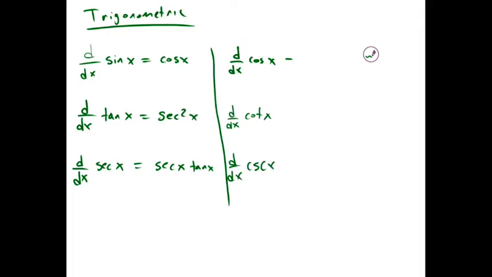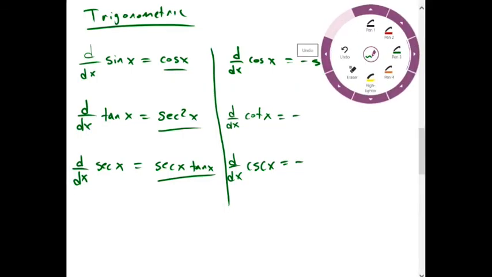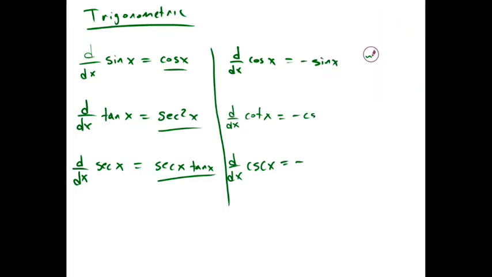So for all of these, the co-functions, we're going to have a negative in front, and then we're going to take the derivative we already have and either put a co in front of it if there isn't a co, or take a co away if there already is one. So cosine will just become sine x. Here we go. Cosine to sine. Secant squared x will become cosecant squared x.